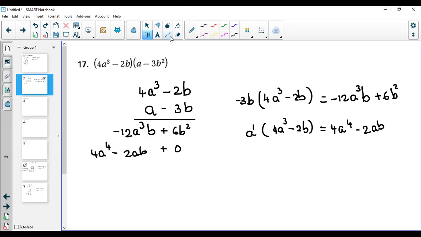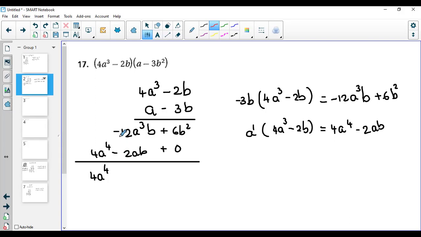Okay, now what I'm going to do is just like how we solve during multiplication, we are going to solve it. So here I cannot do anything, so I leave 4a to the power of 4. Now just notice the part here. Here we have a cubed b and here we have ab, but we are not multiplying them. We are going to subtract them or add them, right?